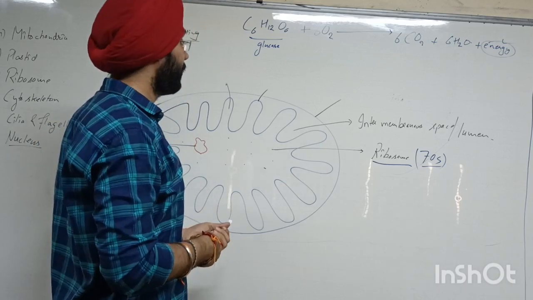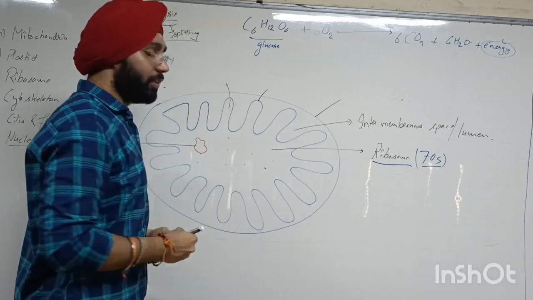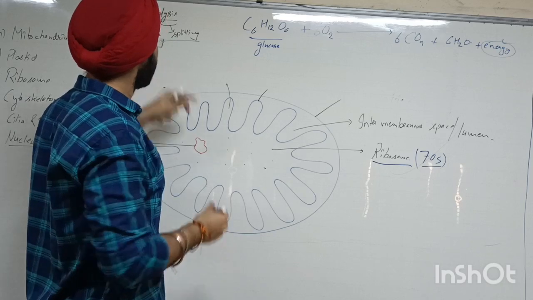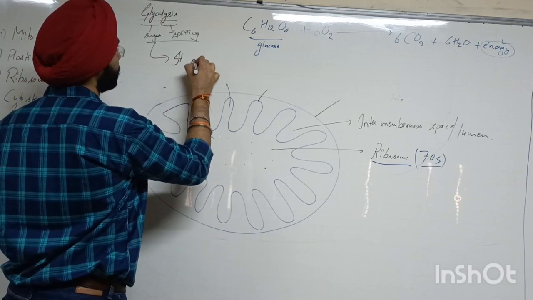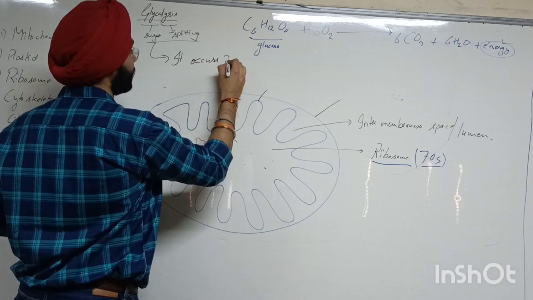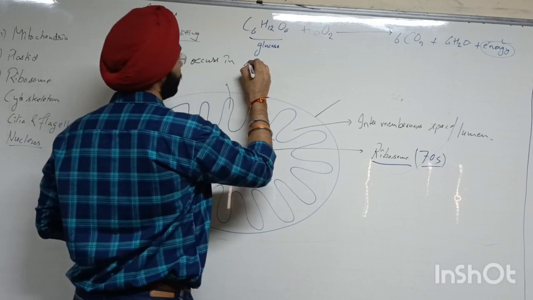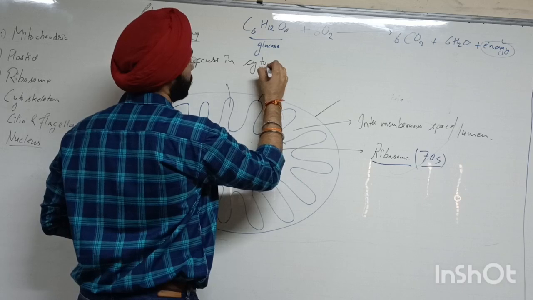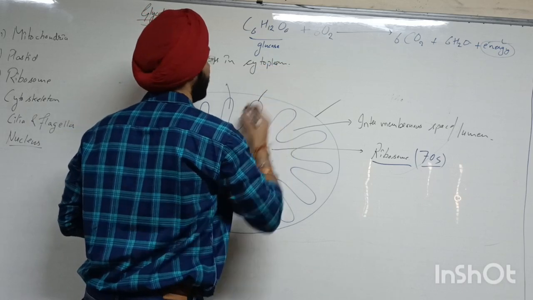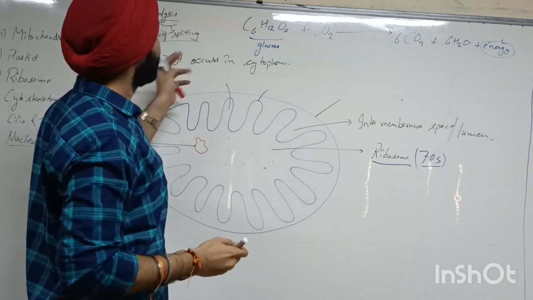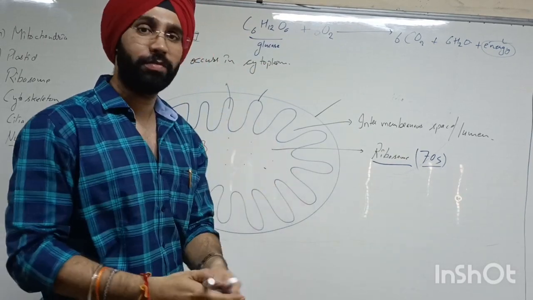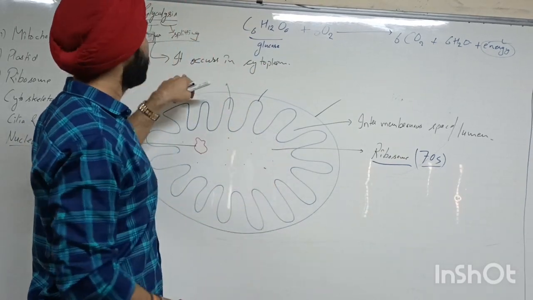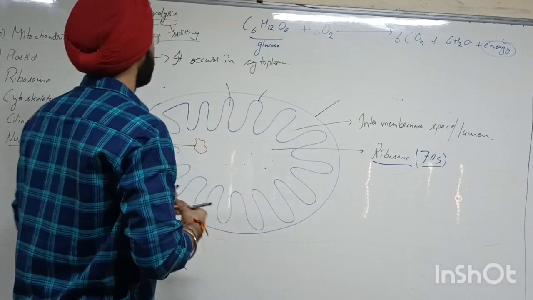Now there is a reaction called glycolysis which occurs in the cytoplasm. And glycolysis converts glucose into pyruvic acid. So that is the whole purpose of glycolysis, which occurs in cytoplasm.